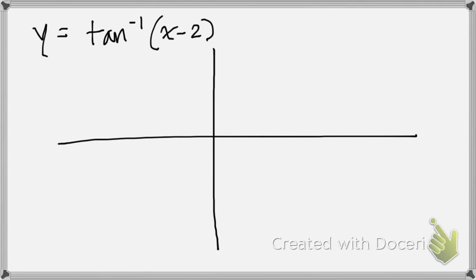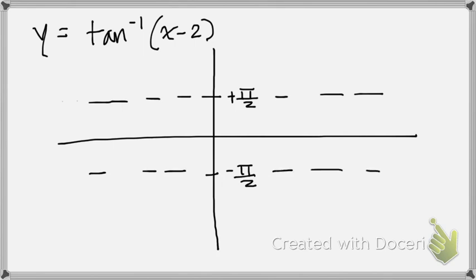So if I think about the negative pi over 2, positive pi over 2, negative pi over 2, and I have the asymptote like that, and then the function would go like that, right? So it would go there. And so the only difference is this is shifted, right? So that's from early days of a pre-calculus course, a transformation. And what does the minus 2 do? It shifts it 2 to the right.